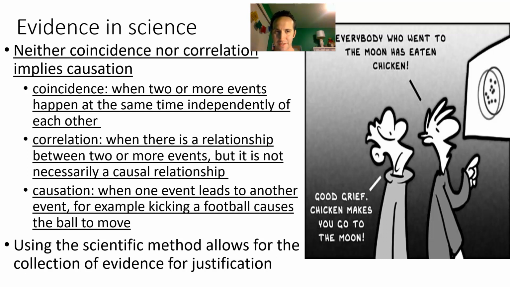People eating chicken and people going to the moon, that's a coincidence. Just because two things happen at the same time doesn't mean they're connected. Correlation is when there is a relationship between two or more events, but it's not necessarily a causal relationship. And finally, causation is when one event leads to another event, for example, kicking a football causes the football to move.